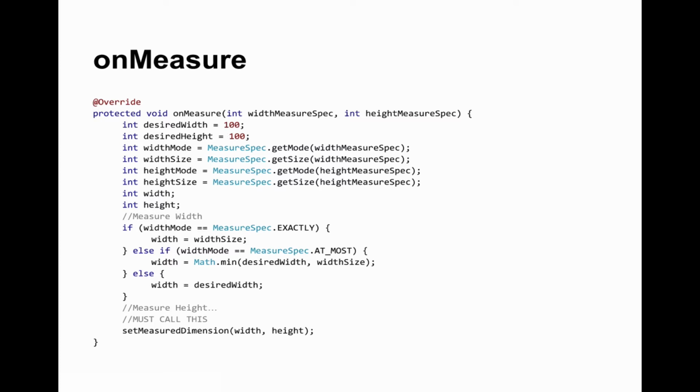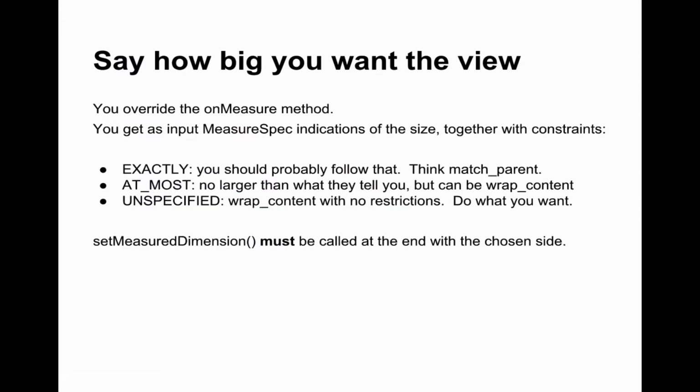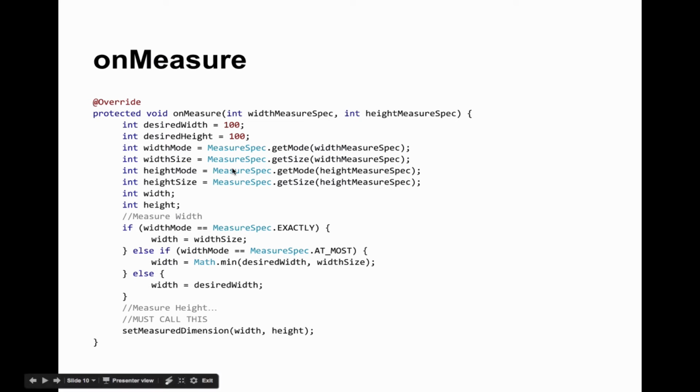But now you want to listen to how much space you are given, and whether you have to fill it all, or at most, or what the mode is. So this is your wish, and this is instead what you are given from above: the width size and height size. And the width mode and height mode are these: exactly, at most, or the rest, unspecified, right?